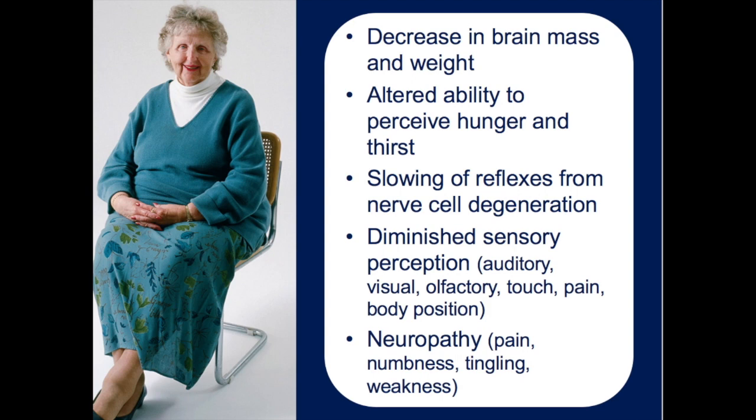And the ability to control many of the body's processes also becomes slightly less efficient. You can have changes in the brainstem and other regulatory centers of the brain that affect things like the ability to perceive hunger and thirst.